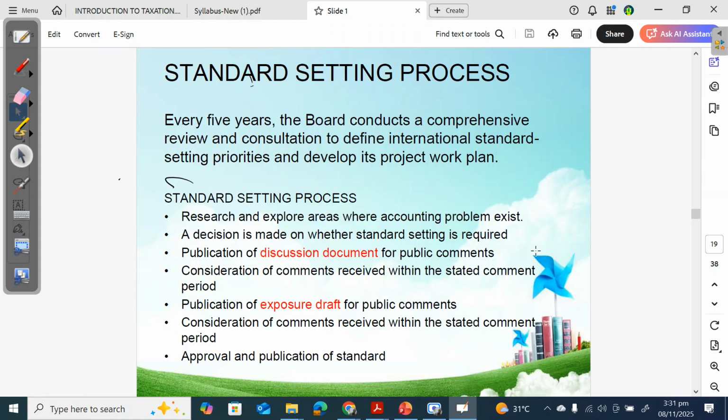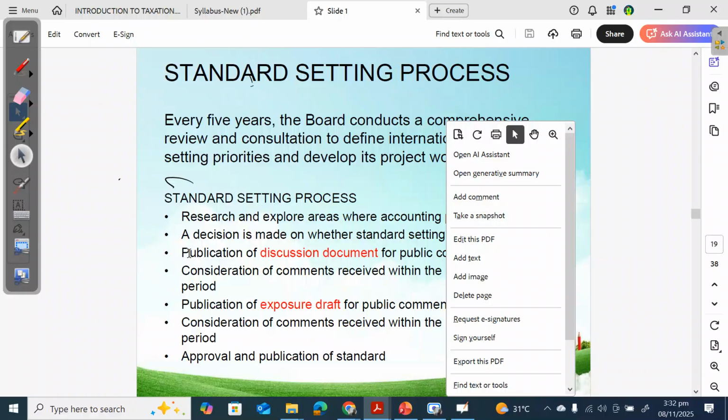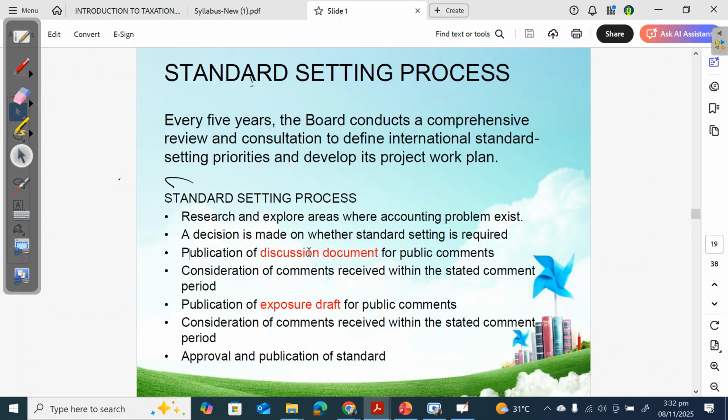So they'll do research, and after doing the research, they will decide whether they need to set a standard to address whatever issue they came up with. Then, if they decide they want to set a standard, they will publish a discussion document.